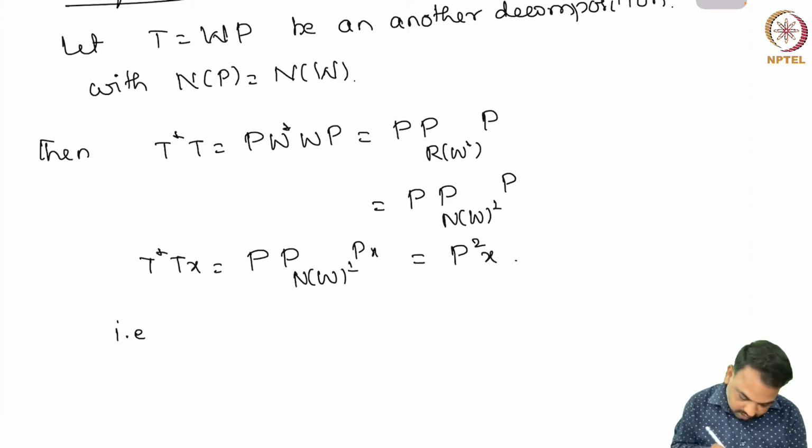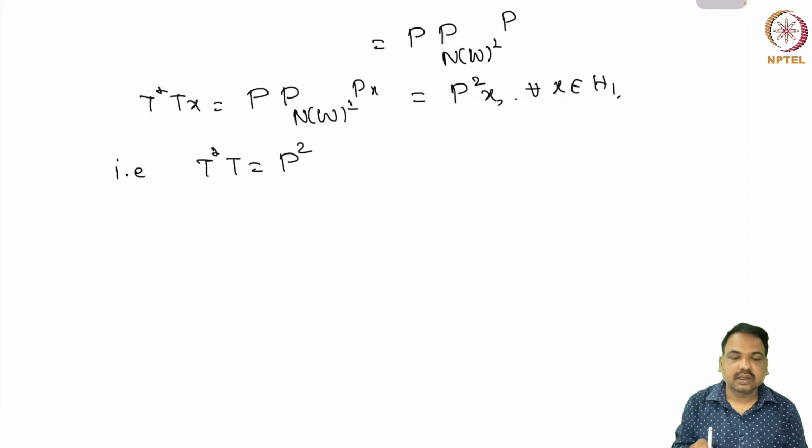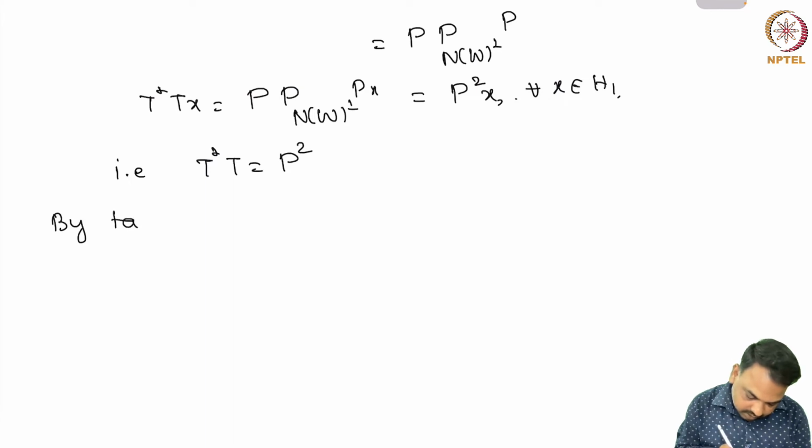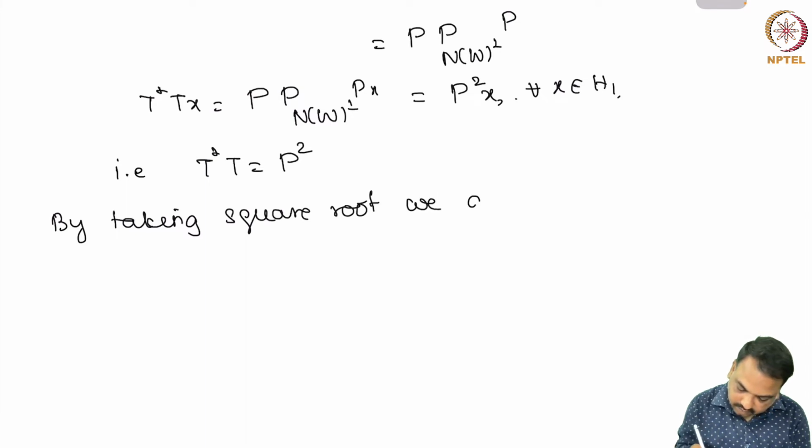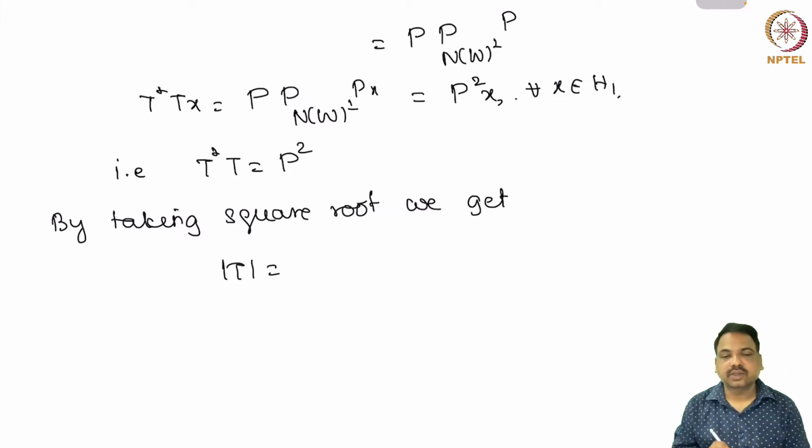So that means we can say that T star T is P square. But we know that the square root is unique. By taking square roots on both sides, on the left hand side we get mod T, and for a positive operator the square root is itself, we get P. So we are able to show that mod T is P.